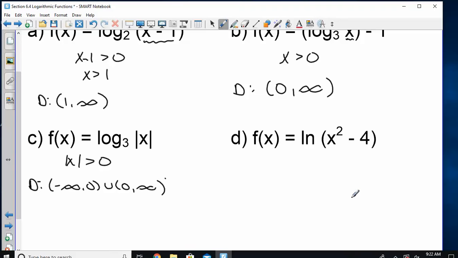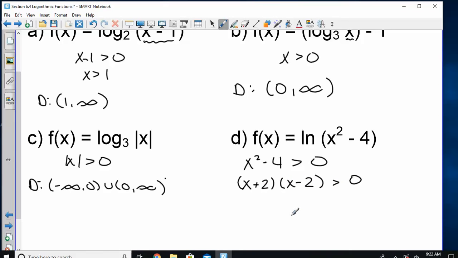Okay, D. We know that this x squared minus 4 has to be greater than 0. We can't just solve this like we would an equation. We've solved these types of things before. This is a difference of squares that factors into (x plus 2)(x minus 2).